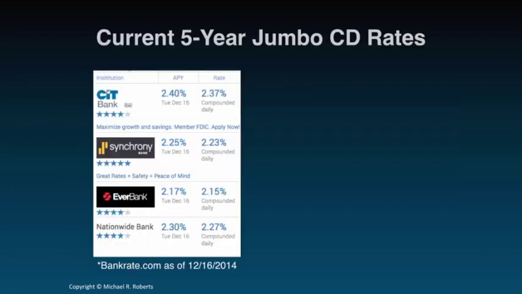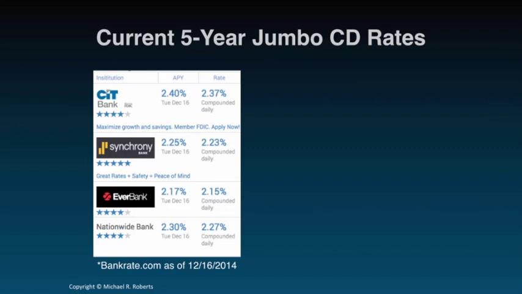So here's a snapshot from December of 2014 of rates on 5-year jumbo CDs, where CD just stands for Certificate of Deposit. It's a savings vehicle that most banks offer, and here's 1, 2, 3, 4 banks. Now, the jumbo, that just refers to, I think, a minimum deposit of $100,000. So these are big deposits.